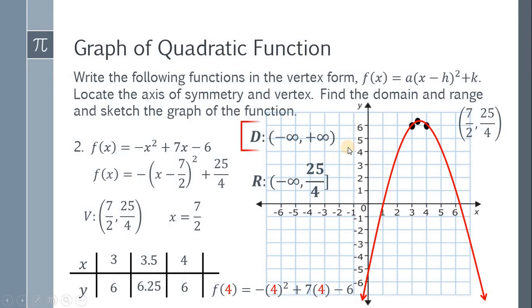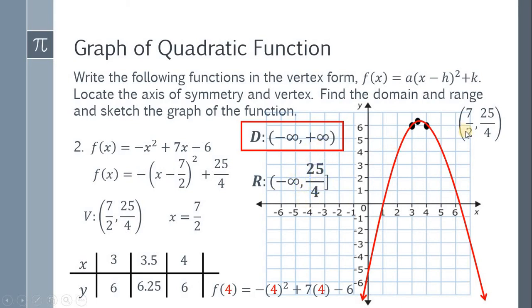Now, ito yung pinaka-hint or clue sa inyo. Yung domain, palagi yung negative infinity to positive infinity. As always yan, parabola. Yung range, nakadepende yan sa value ng a. Kapag yung value ng a ay negative, o yung kasama ng x squared is negative, yan ay papuntang negative infinity. Okay? Kaya maging sagot natin, negative infinity hanggang sa 25 over 4. Now, yung 25 over 4, nakita nyo na to kanina.